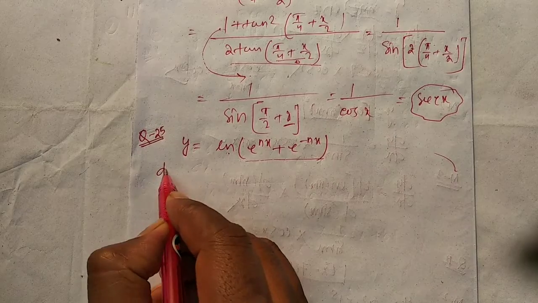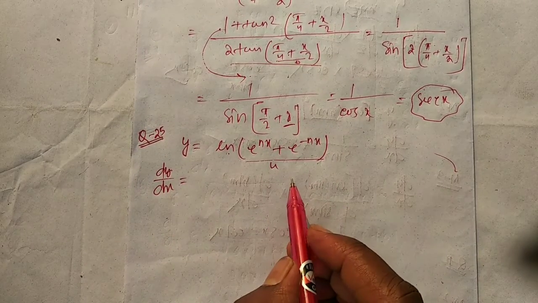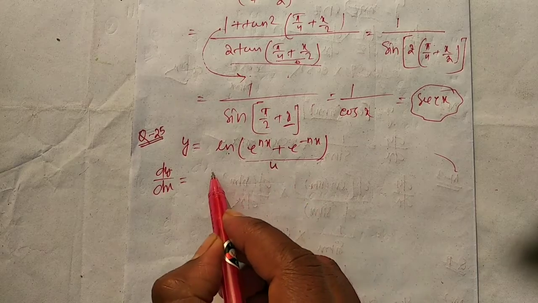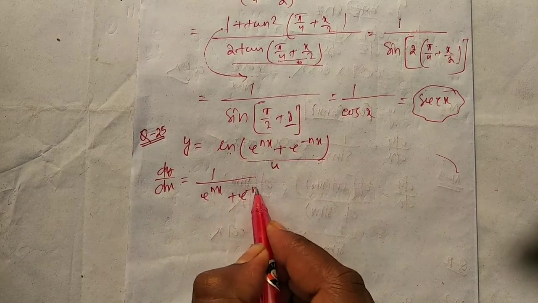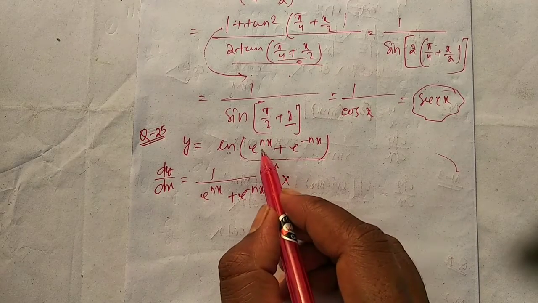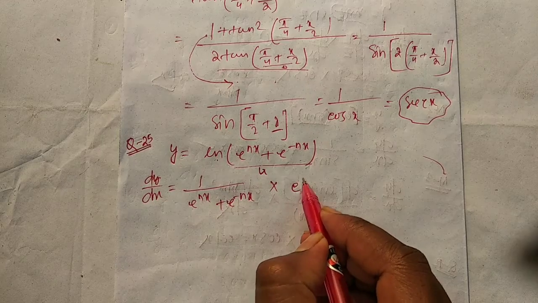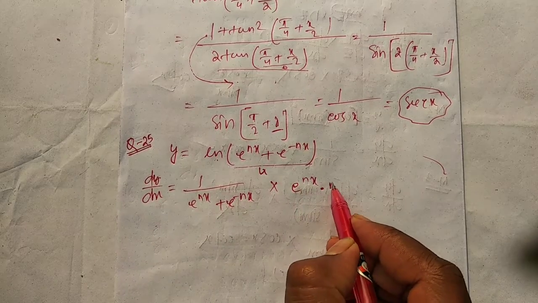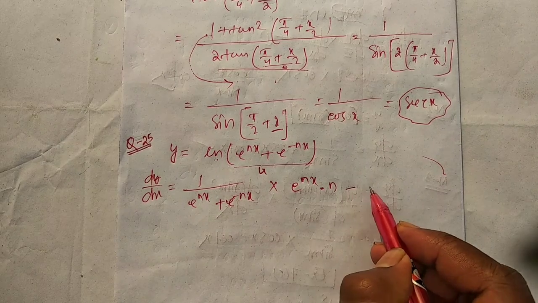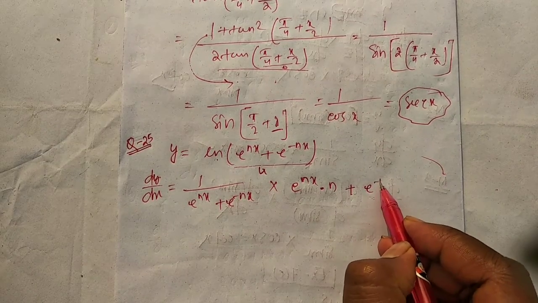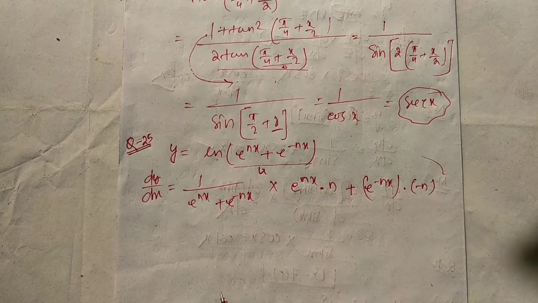So let's differentiate directly. dy by dx will be, if we take this quantity as u, 1 by u, that is 1 by e to the power nx plus e to the power minus nx, into derivative of u with respect to x, that is e to the power nx into n, as the constant will be multiplied, plus e to the power minus nx into minus n.